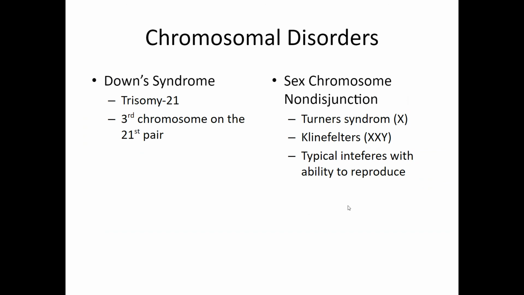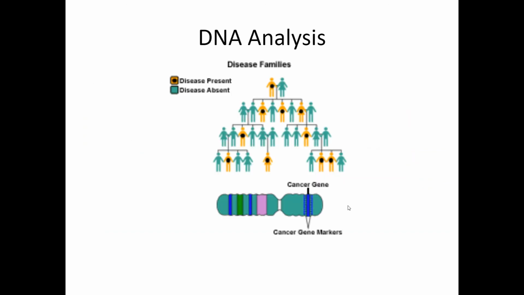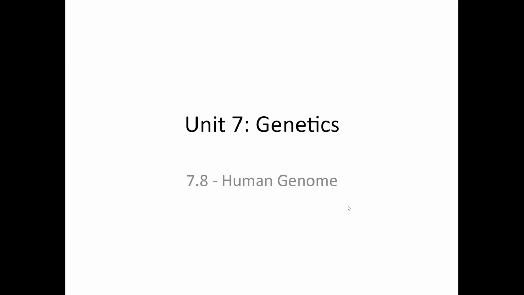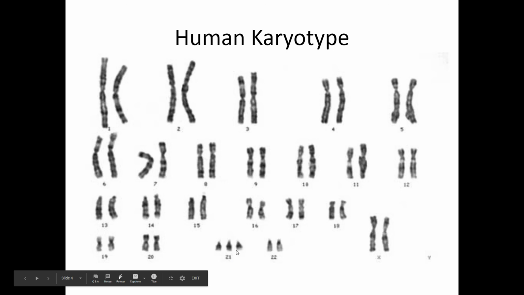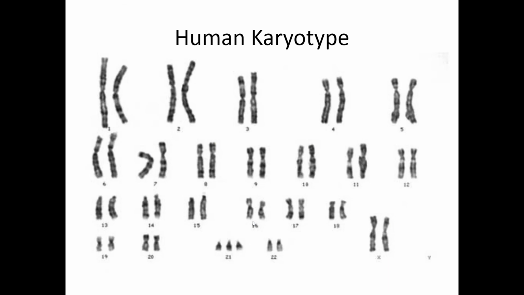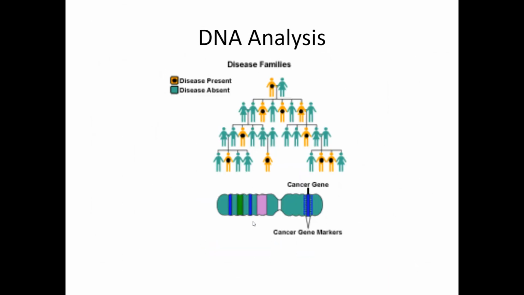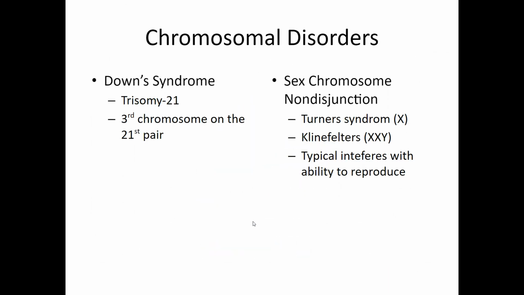And so this can lead to problems like what we saw back on here. This particular individual had too many 21st chromosomes in one of the gametes. So the egg maybe had 2, the sperm cell had 1, they combine together, and whereas everything else has 2, the 21st has 3, and we call this trait Down syndrome, or trisomy of chromosome 21.